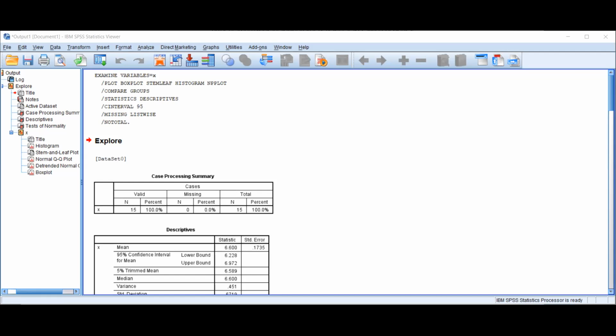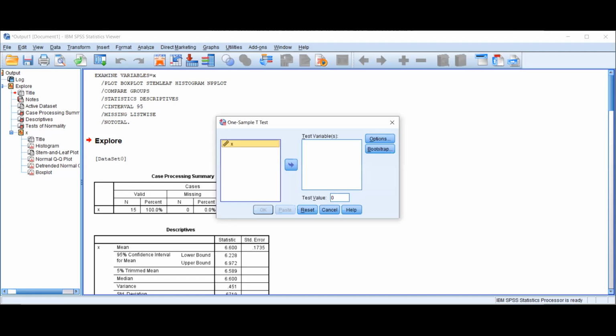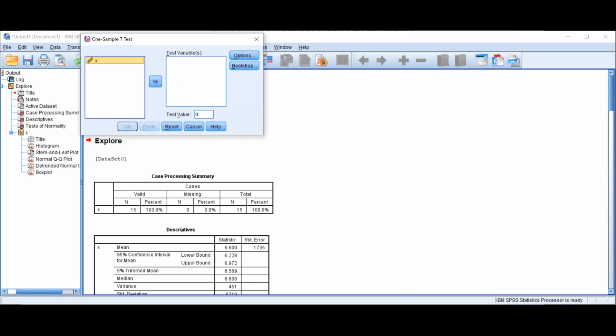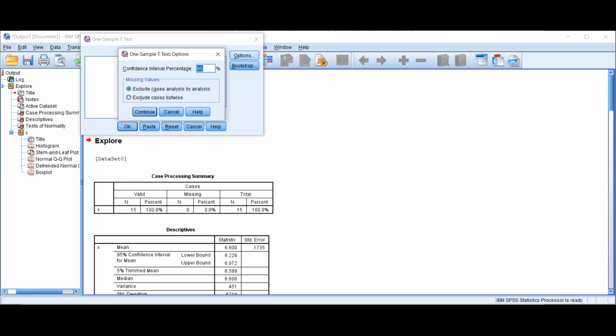Here I am going to use the one-sample t-test because I have to compare with one value, which is 6. Now this is the option; choose the variable X. In Options, 95%, my alpha is what? In the problem, my alpha, I think it is 5%, right?